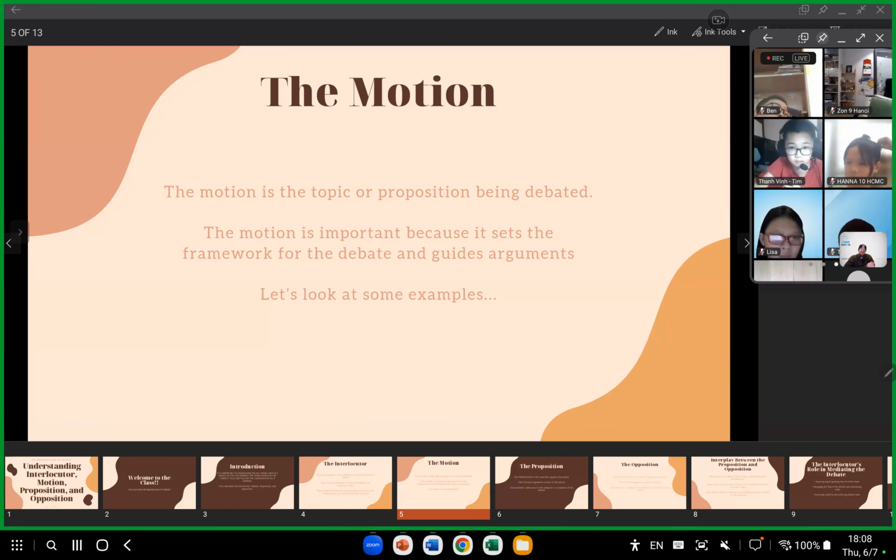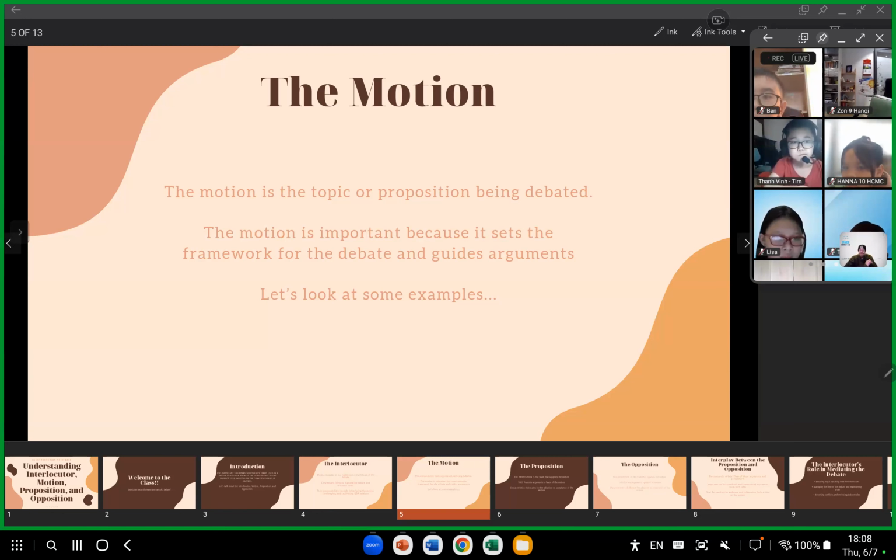So the framework is like the structure of the debate. So it's the order, what order everybody speaks in, and it also guides arguments, because once we know what the motion is, we are able to work out which type of arguments we should be making based on which team we're on.